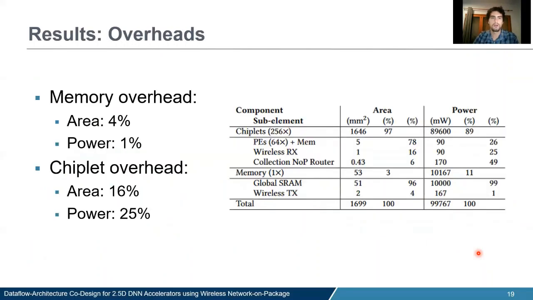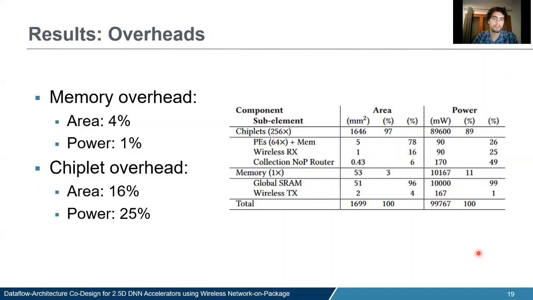So we wanted to check the overheads in order to see that they were not excessive. Maybe the one thing to consider is that the power overhead in the chiplets is 25%.